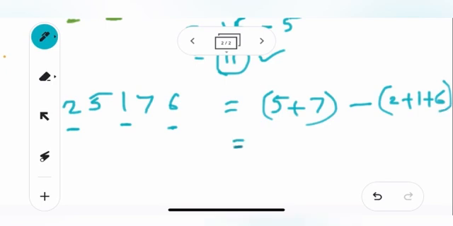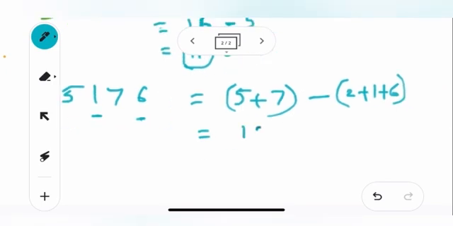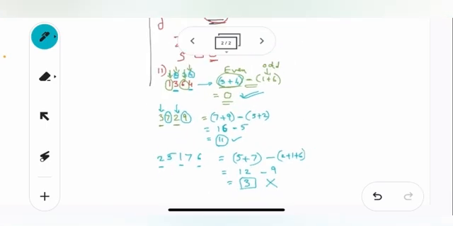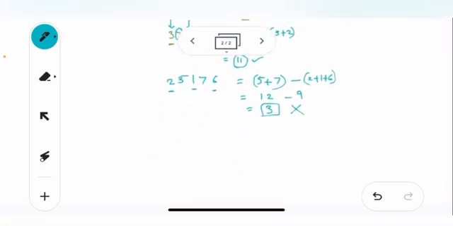So how much is this? 7 plus 5 is 12, minus 9. So my answer is 3 here, but 3 doesn't come in the table of 11, so this is not divisible by 11. This way you have to do the divisibility test for 11.